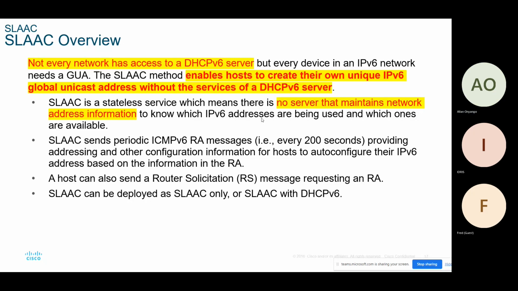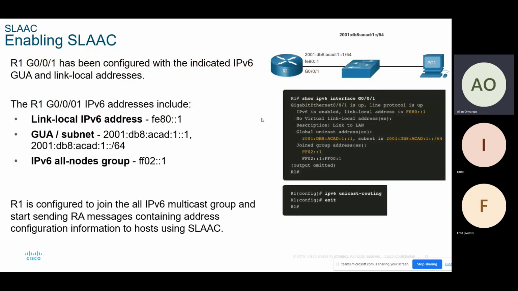Now, it's also important to note, like I already mentioned, that SLAAC needs to be enabled on a device. And to enable SLAAC, you just need to enable IPv6 routing on a device. The command for enabling IPv6 routing is very important.